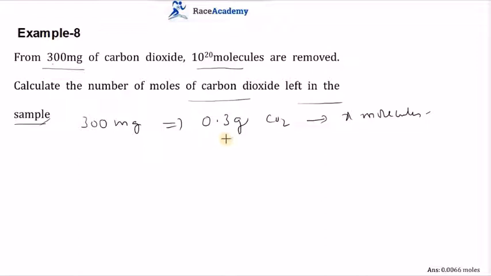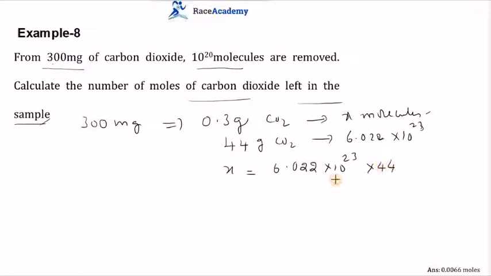But carbon dioxide molecular mass, that is 44, and Avogadro number of molecules are there in that, that is 6.022 into 10 to the power of 23 molecules. Okay. Then what is exactly its X value? X is equal to 6.022 into 10 to the power of 23 into 0.3 divided by 44.